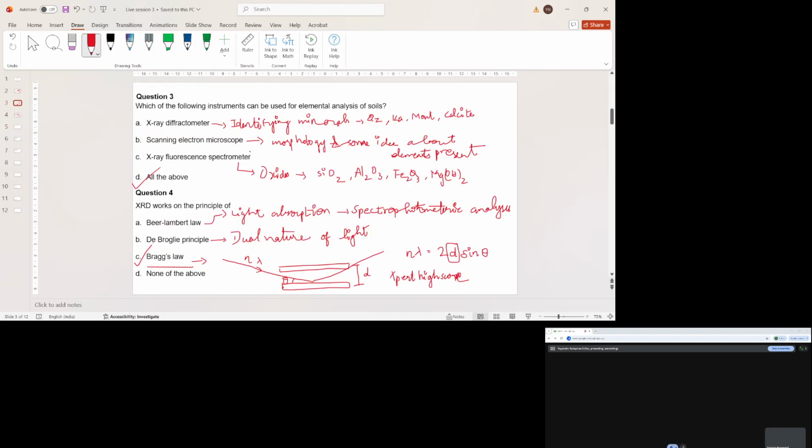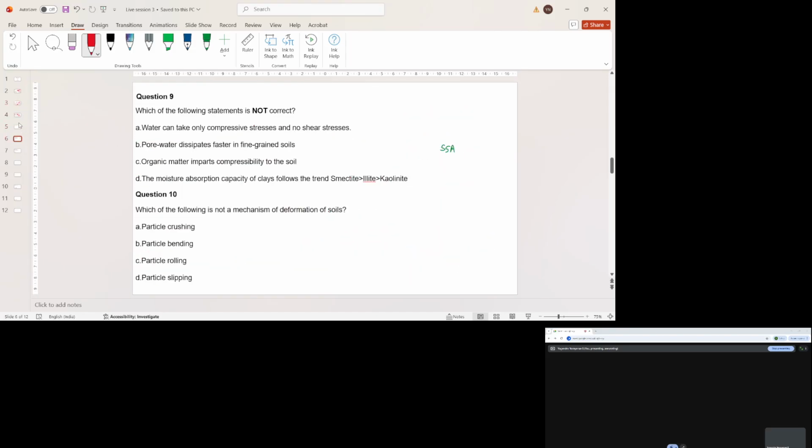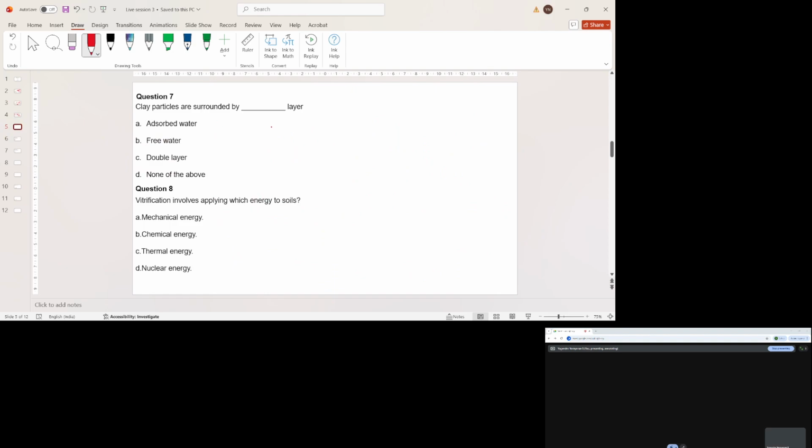So first of all, let us draw a clay particle. It's usually flaky, so for convenience I'm drawing it like this. The edges are positive and the faces are negative.